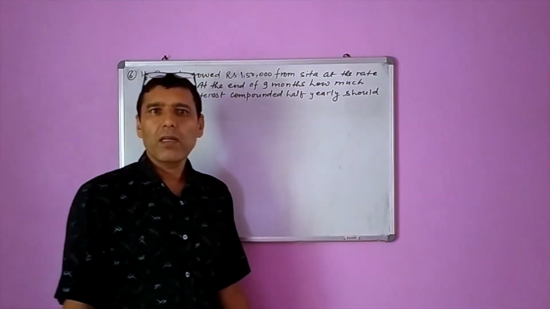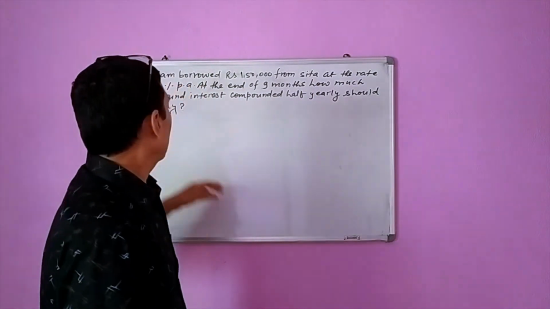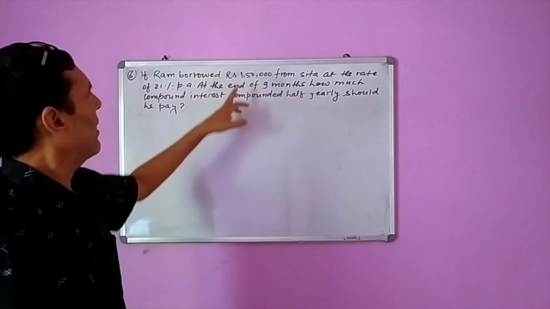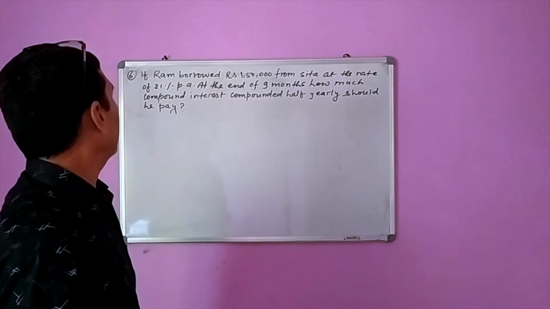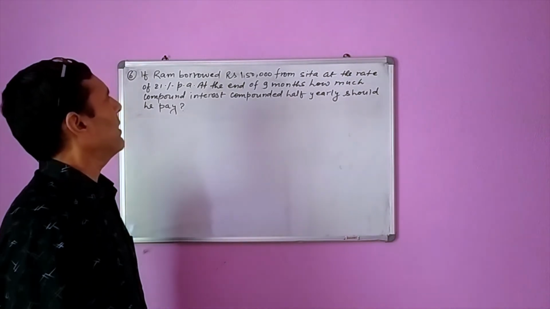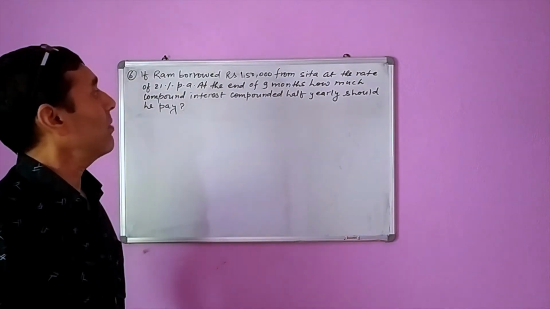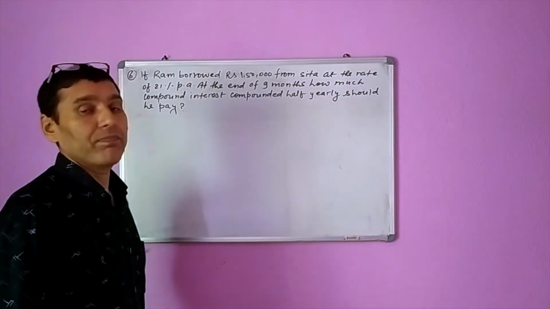This is another question on compound interest. The question is, if Ram borrowed rupees 1,50,000 from Sita at the rate of 21% per annum, at the end of 9 months, how much compound interest compounded half yearly should he pay?